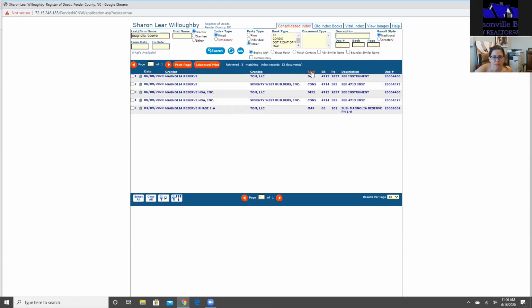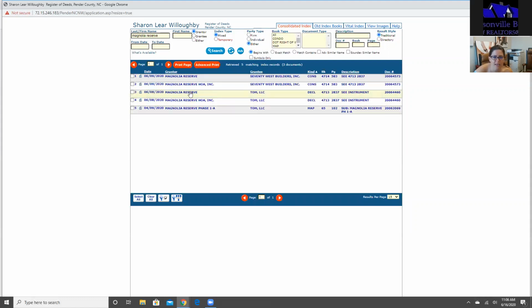So this is one of the ways that Pender County differs from Onslow County. Sometimes they call their restrictive covenants in this system, sometimes they flag them as DECL, which is declarations, and sometimes it's R/COV for restrictive covenants. So make sure if you ever have to search that you're looking at both of those, okay?